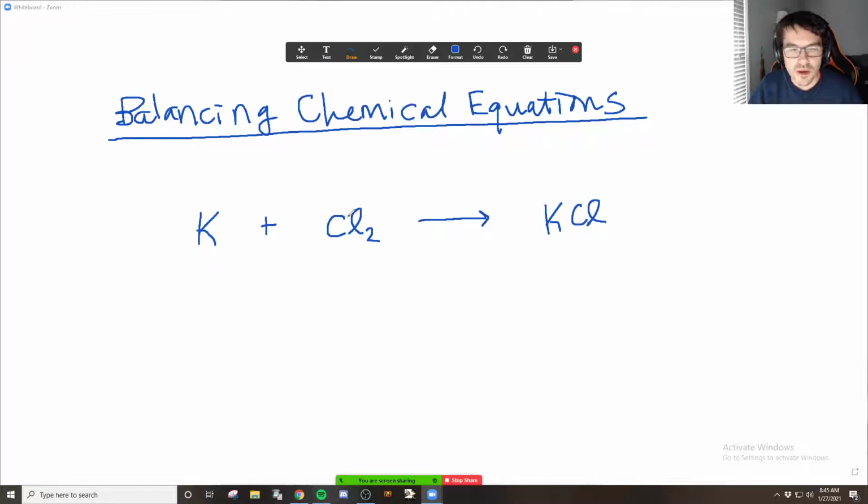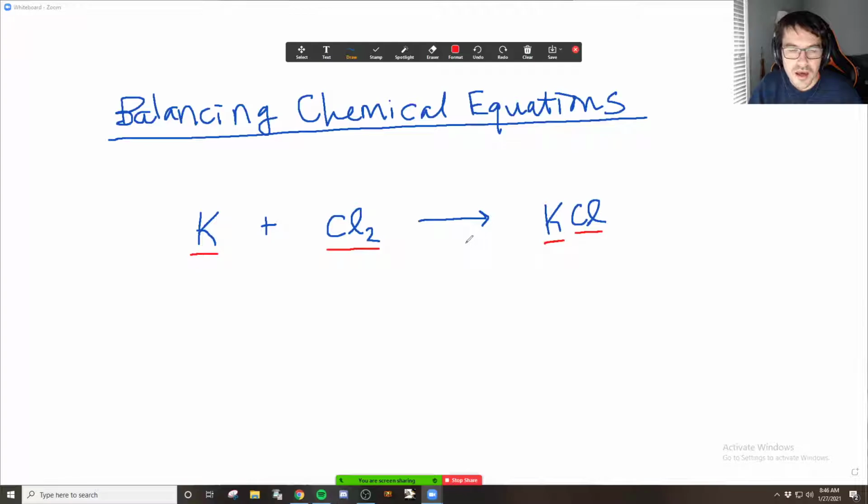Okay, and what do I mean by that? Well, if I look at each element on both sides of the equation, there is an imbalance. Okay, so I have one potassium on each side, so that's actually balanced. Okay, but I have two chlorines on the left compared to just one on the right. That is the unbalanced aspect of this equation.